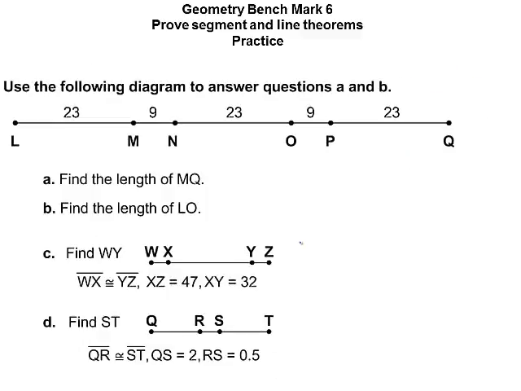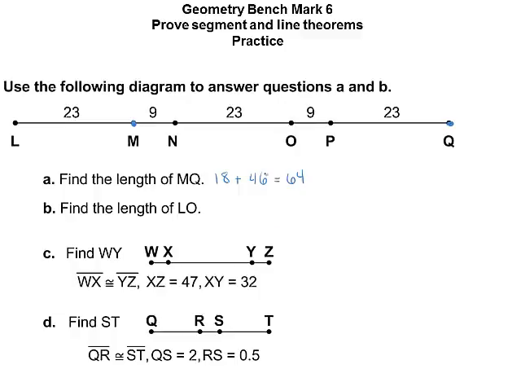All right, let's try some of these. We're going to find the length of MQ. MQ goes from here all the way to here. So I have 2 9s, that's 18, and 2 23s, that's 46. So that's 64. Okay.